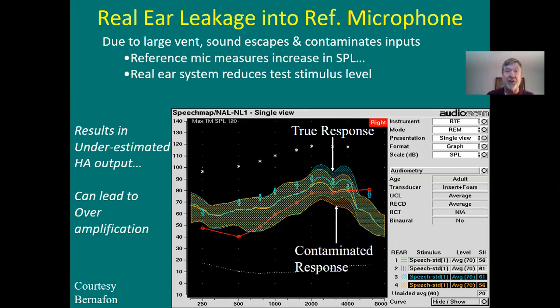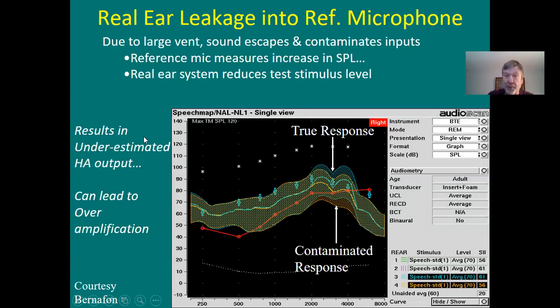So the real ear system in turn is going to reduce the test stimulus level coming out of the speaker. It's going to think that there's more sound there than there really is. So it's going to reduce the stimulus level, which results in underestimated hearing aid output and will lead to over amplification.